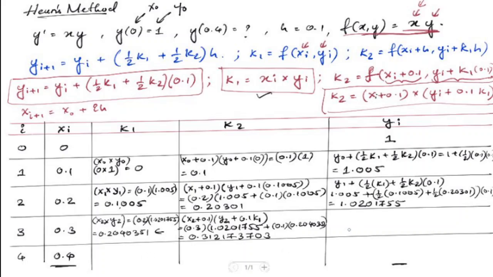Okay, now here we have y2 plus half times k1 plus half times k2 times h.